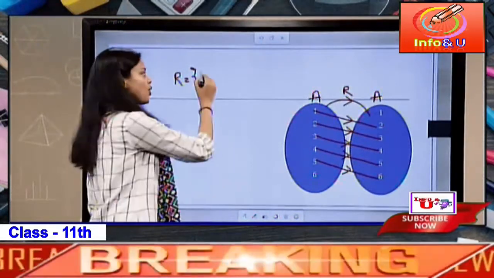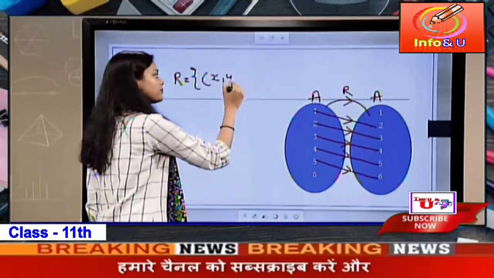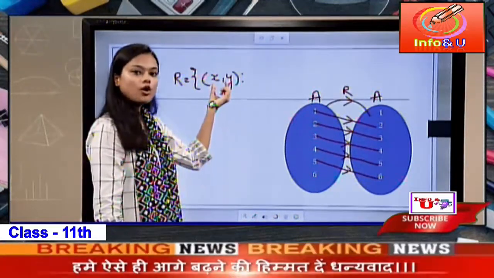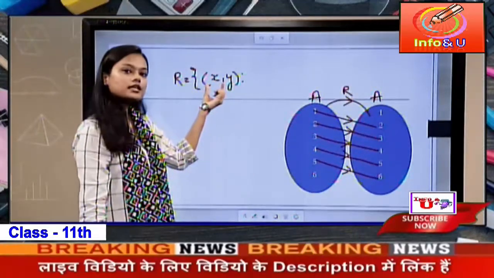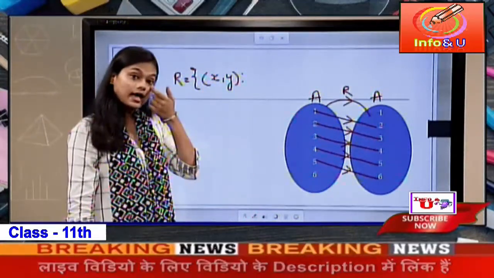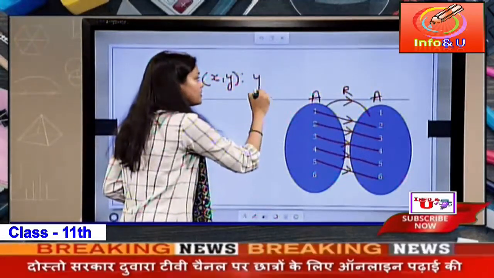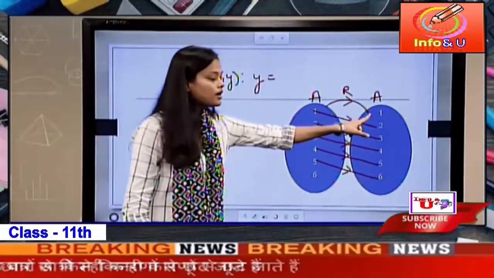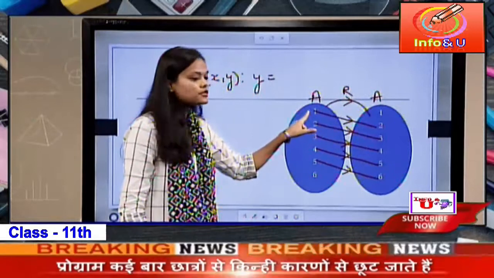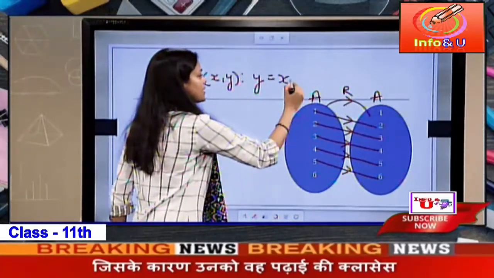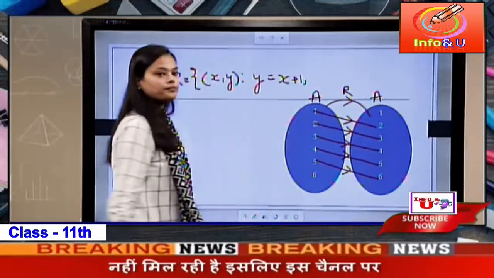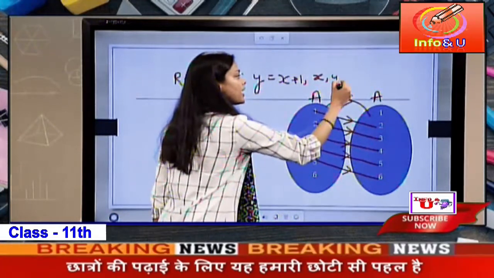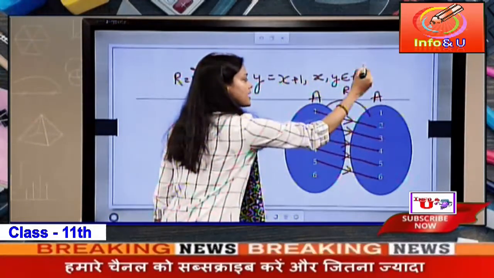R is the set of all those ordered pairs (x, y) such that there is a relation between the 2 elements. What is the relation? You may notice that the second element is plus 1 of the first element. So I can write x plus 1, where both x and y are coming from the set A.